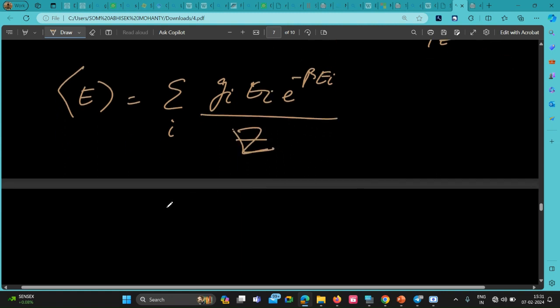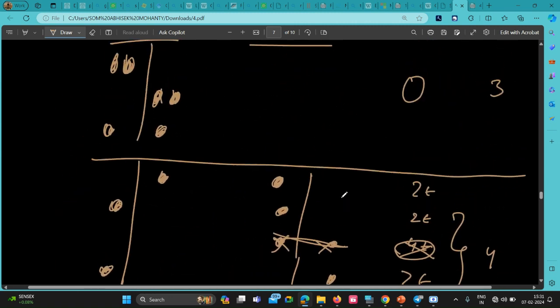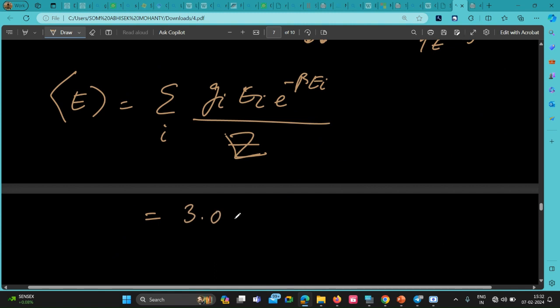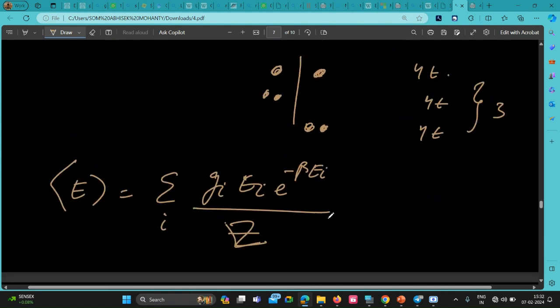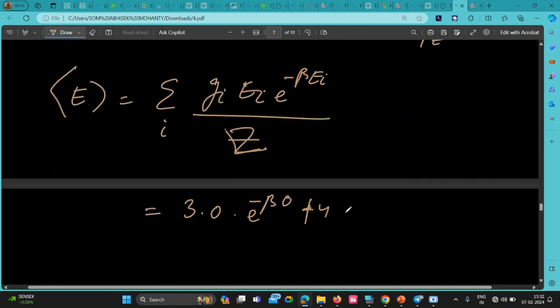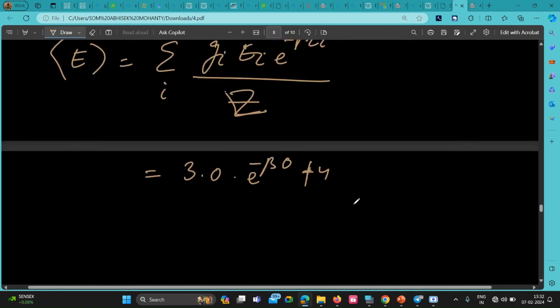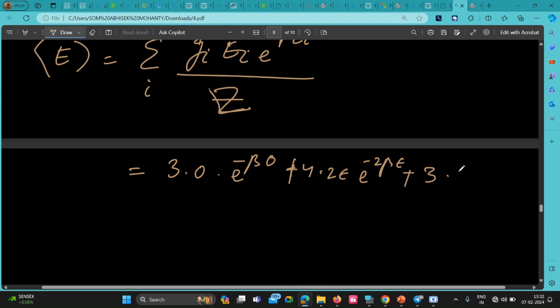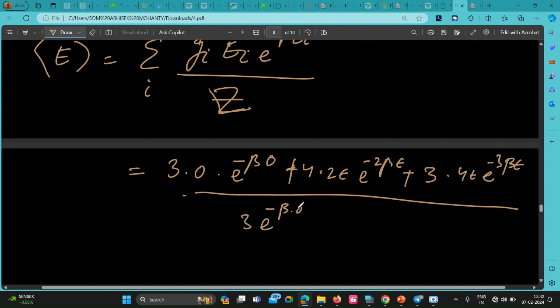So g_1 is 3: 3 into 0 into e to the power of whatever, it doesn't matter because it's 0, plus the next state, 4 into 2 epsilon e to the power minus 2 beta epsilon, plus 3 into 4 epsilon e to the power minus 3 beta epsilon, divided by 3 e to the power minus beta into 0, plus 4 e to the power minus 2 beta epsilon, plus 3 e to the power minus 3 beta epsilon.